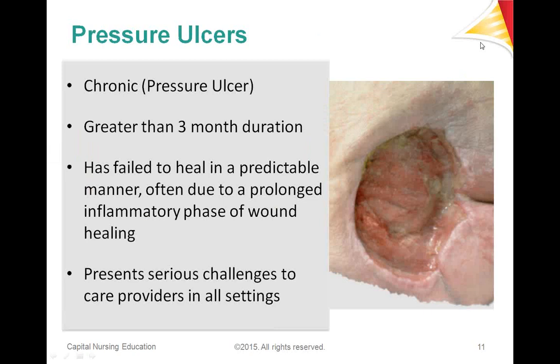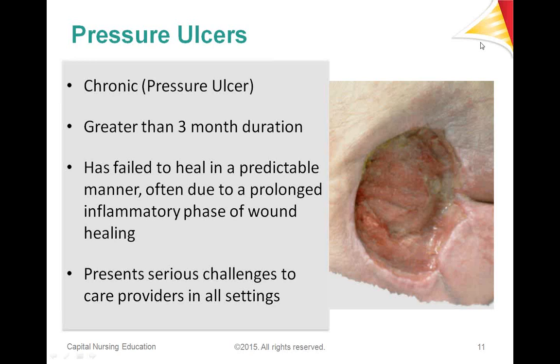Just as a slight refresher, pressure ulcers many times that we see in all settings, and particularly in the skilled nursing facility and home care settings, are chronic wounds that have been there for greater than 3 months duration. They have failed to heal in an orderly, predictable manner, and this is usually due to the prolonged inflammatory phase of wound healing.